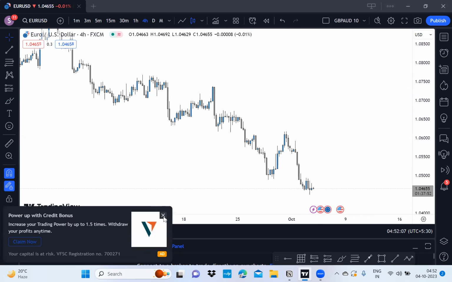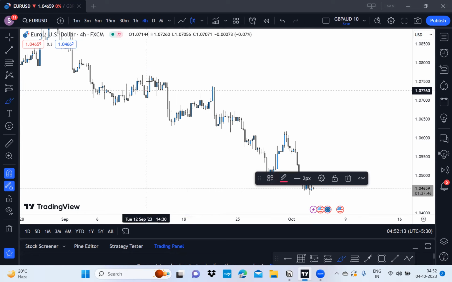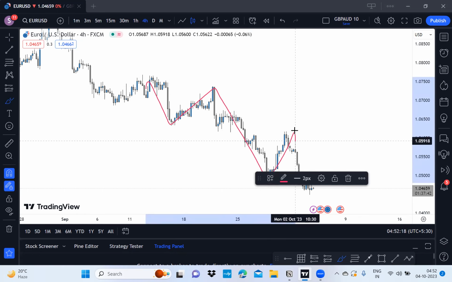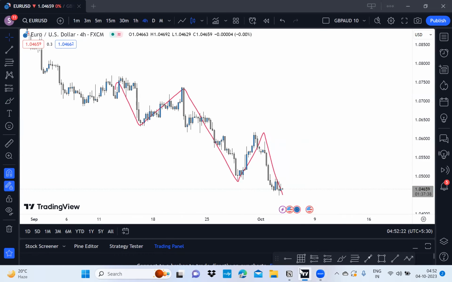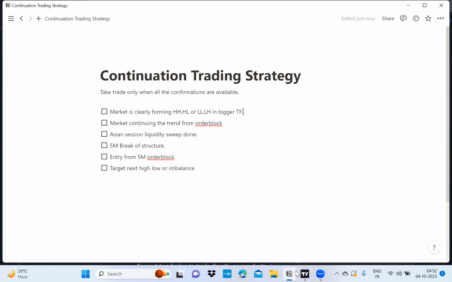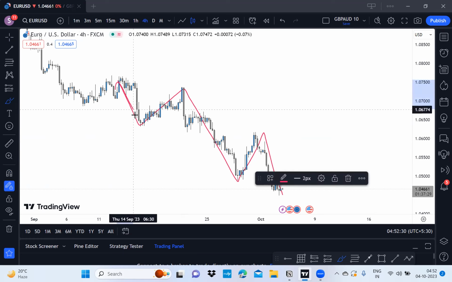Now in the market, there are two types of phases in a particular trend. Okay, first is continuation, second is retracement. Continuation, retracement, continuation, right? So what we are going to do is, this is a continuation trading strategy. Okay, so what we need is, whenever the market is doing the retracement, let's say the market gave a fall.